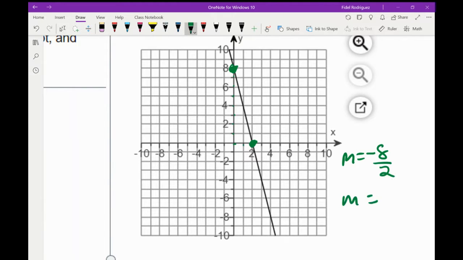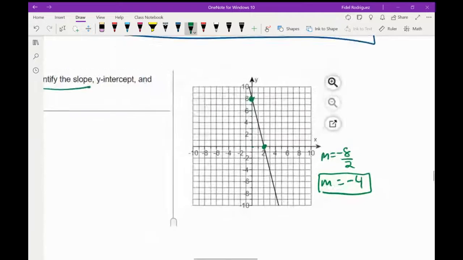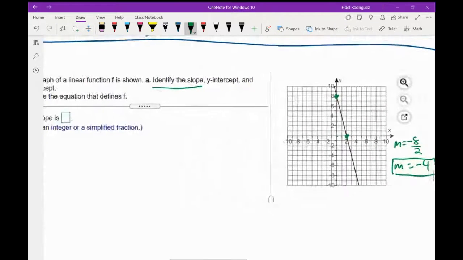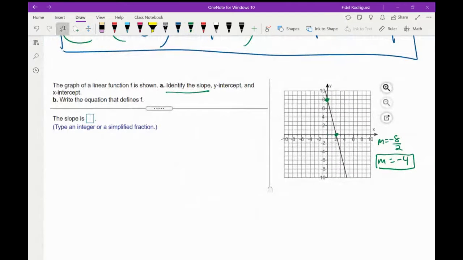Okay. So -8 divided by 2 is the same thing as a -4, right? So what I'm going to do here is I'm going to say the answer here is -4, and I'm just going to plug that in here. So we can say, let's make sure that that's working. -4. Get that. We're doing great.